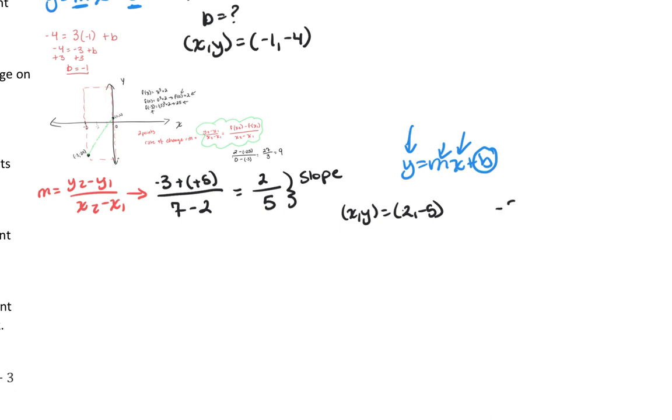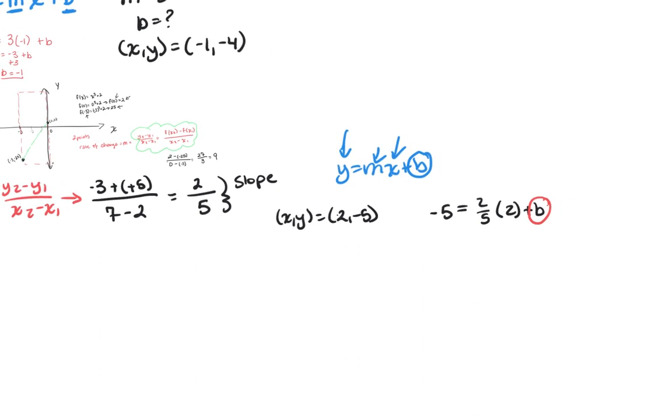Y is negative 5 equals our m, which we came up with was 2/5, times our x, which is 2, plus b. So now we just move everything around and get b by itself. So this is negative 5 equals 4 over 5 plus b. If we subtract 4 over 5 over, we will get negative 29 over 5 equals b.